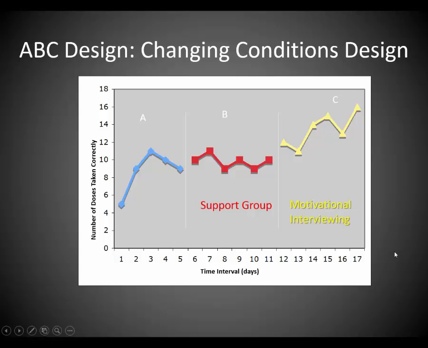And then our C phase would be the introduction of a second treatment phase. And one potential treatment that we could use for something like this is motivational interviewing. And again, we would want to document things like change in means and trends in performance to see which intervention actually had the greatest impact on the outcome variable.